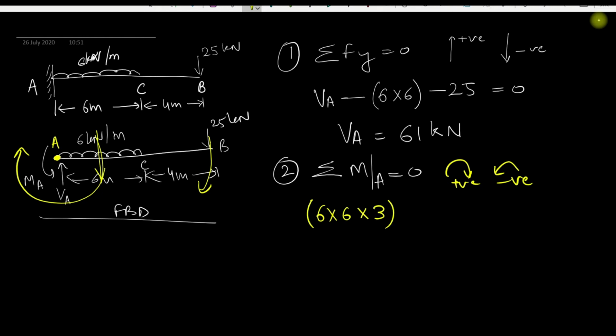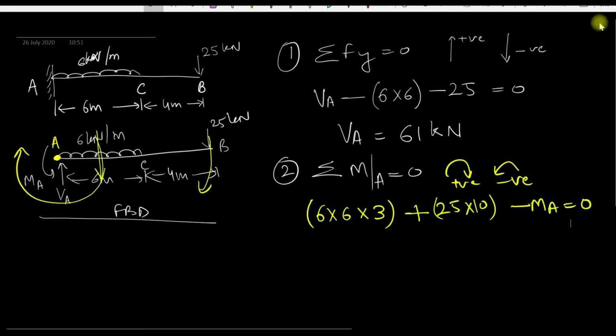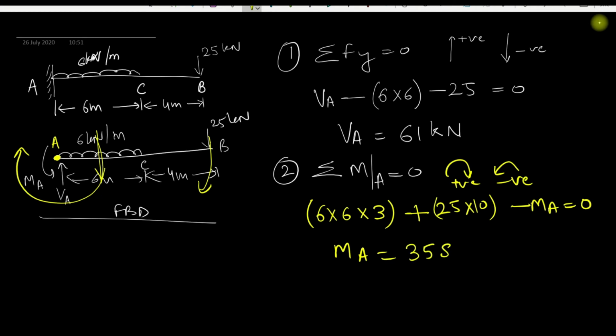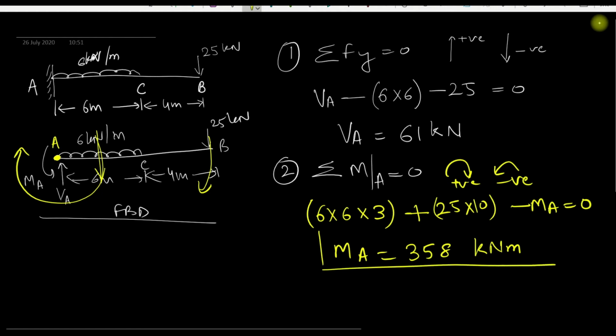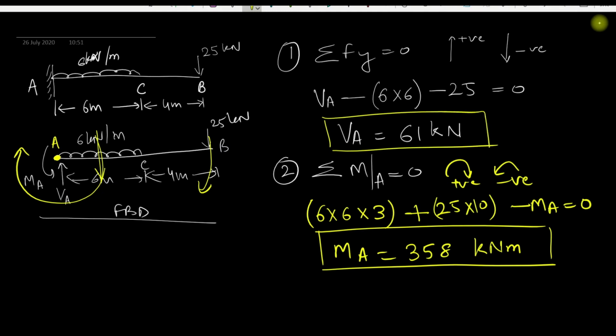This is the moment, force into distance, plus due to 25, I'll take this plus because I'm taking clockwise positive, 25 into 6 plus 4, 10, minus MA equal to 0. So this will give me MA is equal to 358 kilonewton meter. So these are the two support reactions, VA and MA, for a cantilever beam.